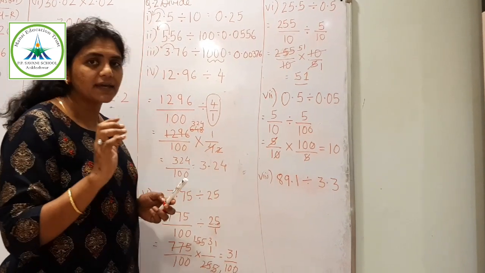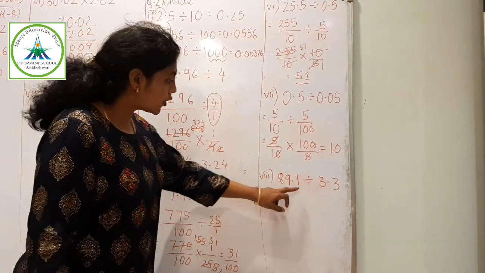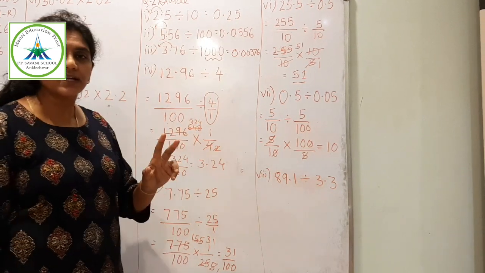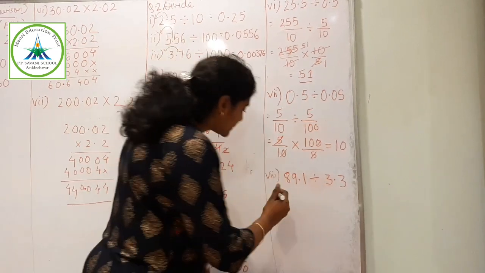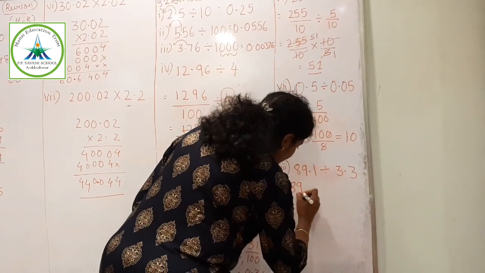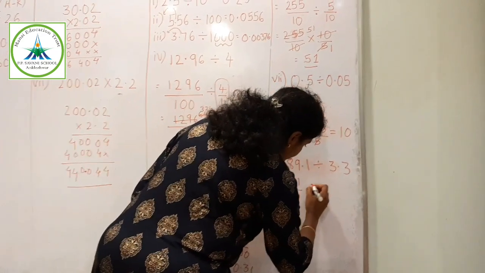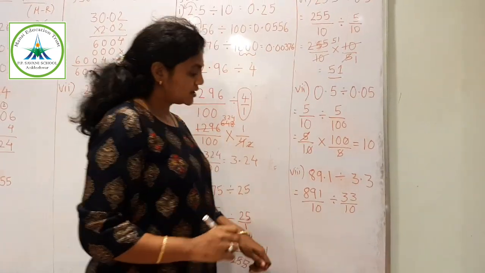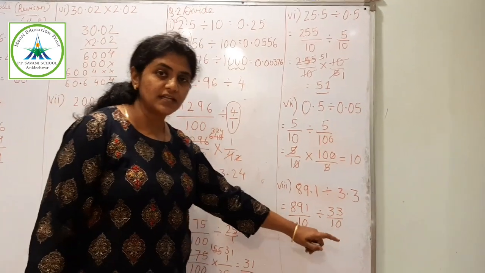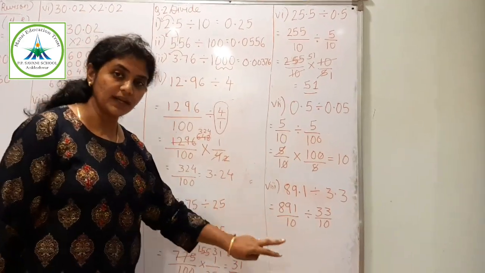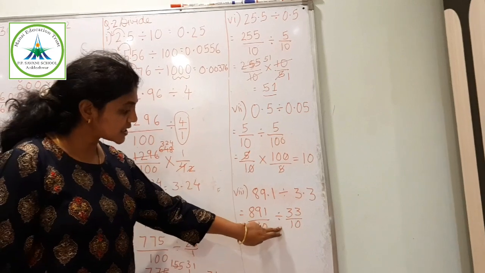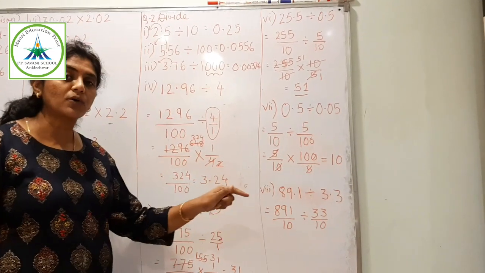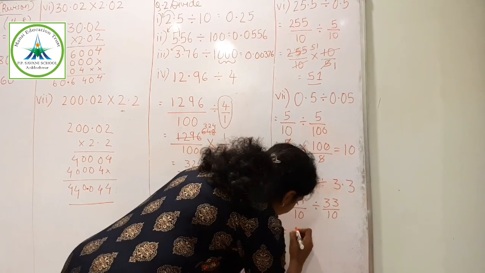Now the 8th one, 891.1 divided by 3.3. Before one digit the point is there. Here also before one digit the point is there. That means I have to divide by 10. So both are fractions. The first fraction will remain as it is. The division sign is replaced by multiplication. Take the reciprocal of the second fraction.